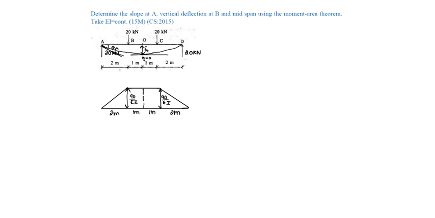To find the slope at A, let us apply moment area theorem 1. Moment area theorem 1: the difference in slope between A and O, theta between A and O, is equal to the area between A and O of the curvature diagram.